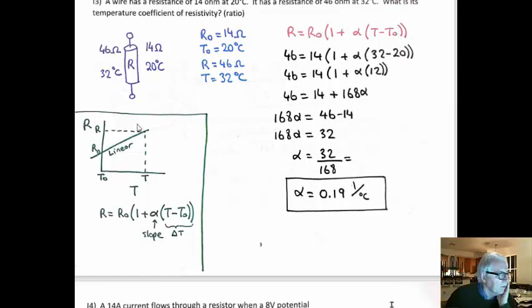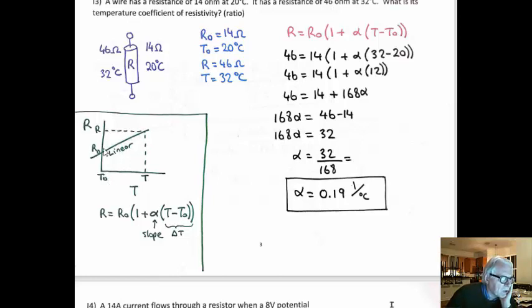And here's the logic. A resistor's resistance will increase with temperature. So if I imagine plotting a graph of resistance versus temperature, I find that when temperature is T0, we get R0 for our resistance. And when temperature is increased to T, I get R for my resistance.